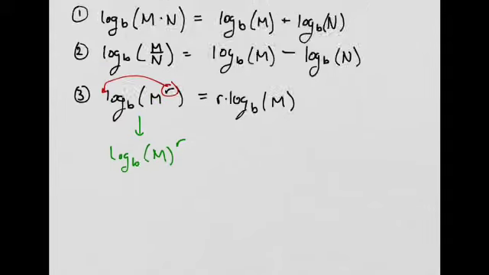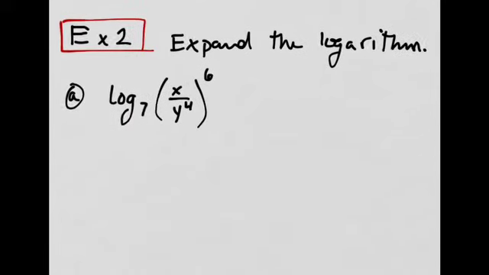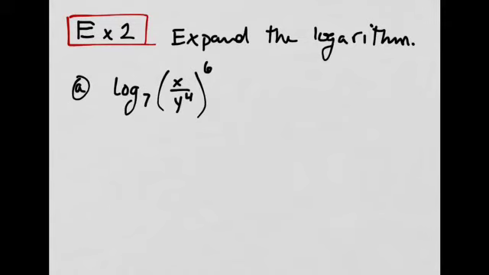So let's move on from there. I'll do a bunch of examples. So here we go. Expand the logarithm. Now I could immediately move the exponent out into the front, but that seems to confuse some people. So I'm going to do that last. That's usually the last thing that I'll do.